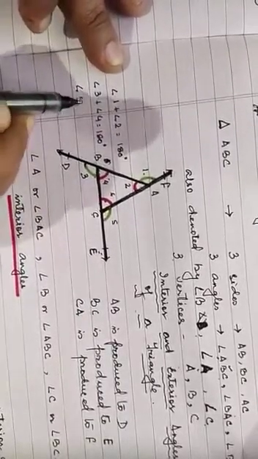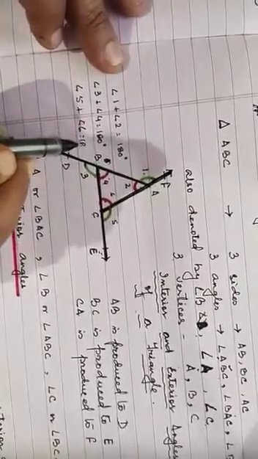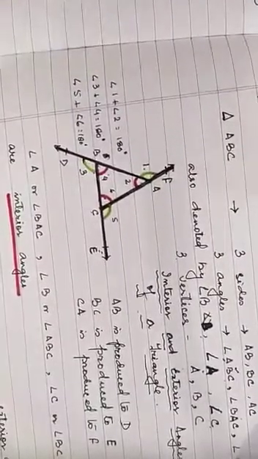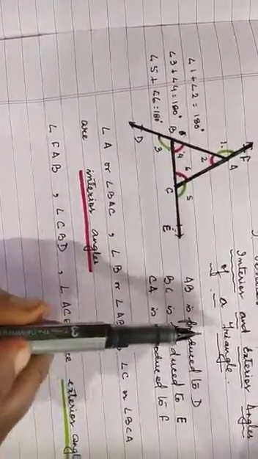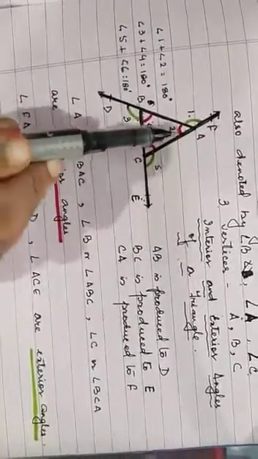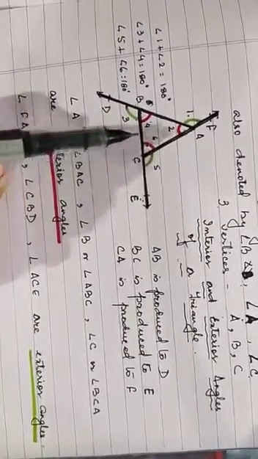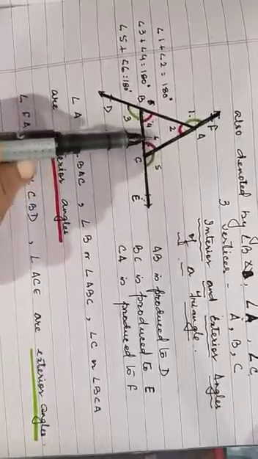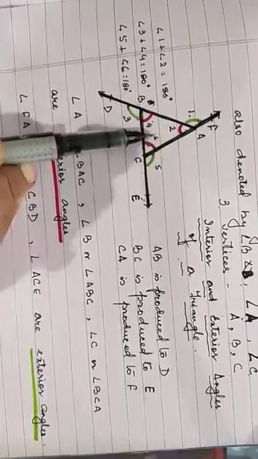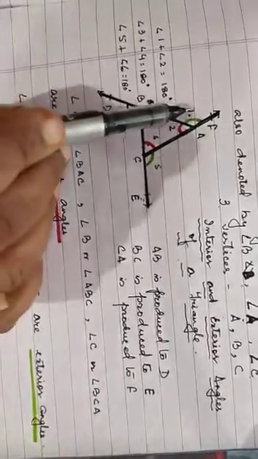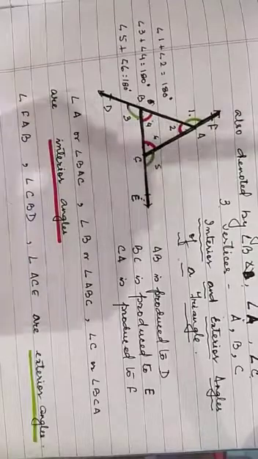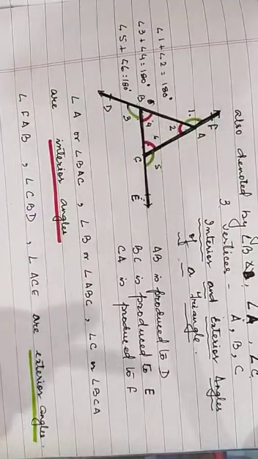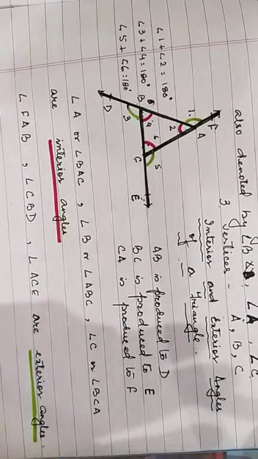And angle 5 plus angle 6 is equal to 180 degrees. So we studied about interior and exterior angles of the triangle. A, B, C are the interior angles because they lie inside, that is 2, 4, 6. And the angles 1, 3 and 5 that are lying outside the triangle are the exterior angles of the triangle. Clear?